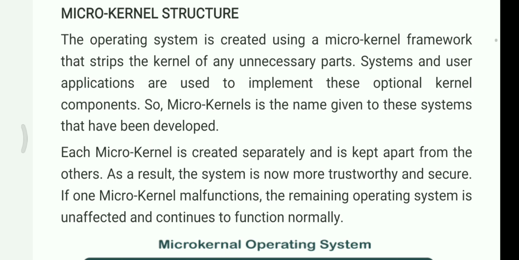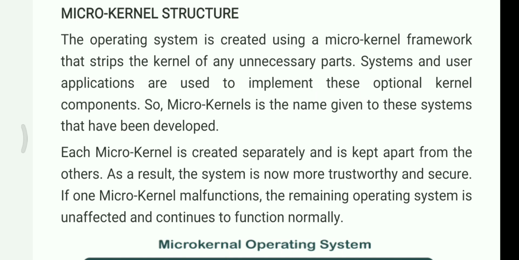Then we will see about microkernel structure. The operating system is created using a microkernel framework that strips the kernel of any unnecessary parts. System and user applications are used to implement these optional kernel components. So microkernel is the name given to these systems that have been developed.